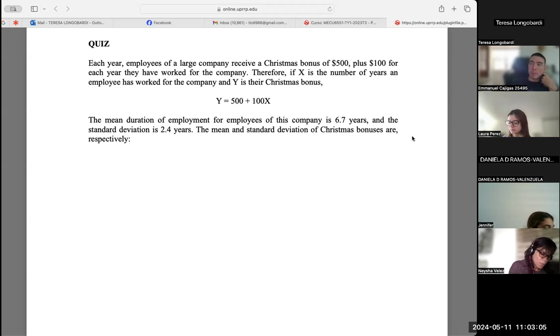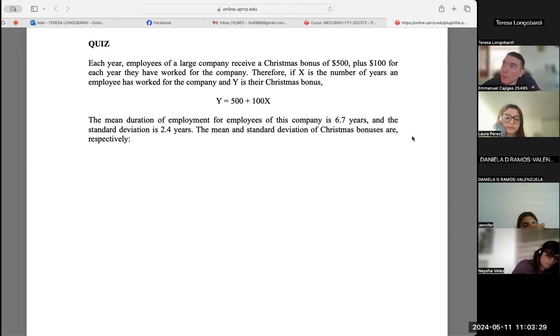So I don't know the distribution. I don't know the shape of the distribution, but I know the parameters. I'm told that the average duration of employment for employees of this company is 6.7 years with a standard deviation of 2.4. The mean and standard deviation. And I'm going to use the duration of employment to determine the Christmas bonus that the employees should get.